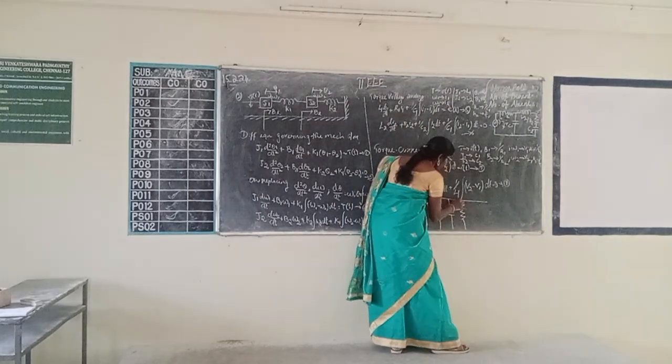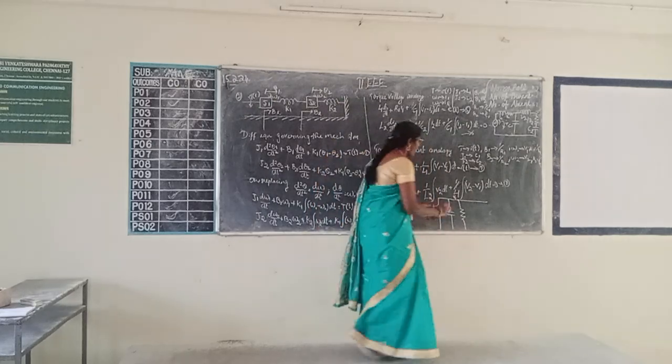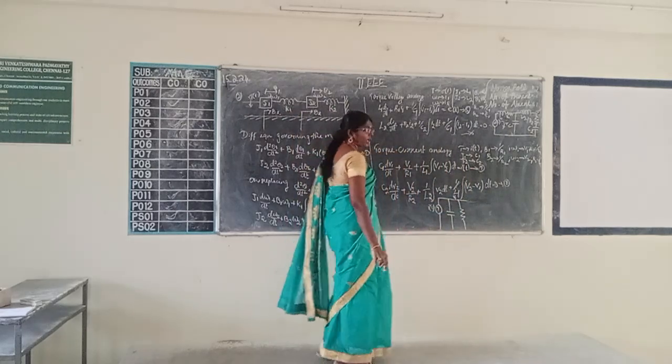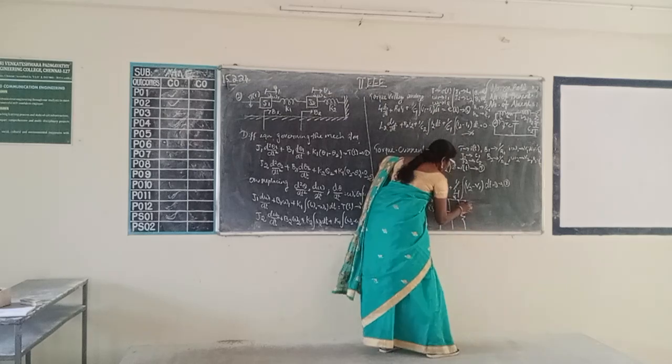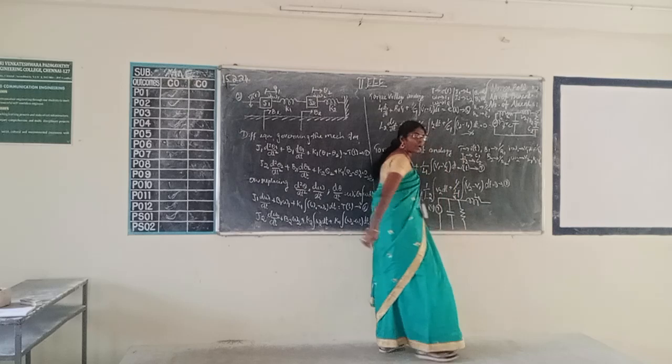The first node is P1, and we connect the element common to both, that is K1. K1 is an inductance, so we draw the inductance L1.